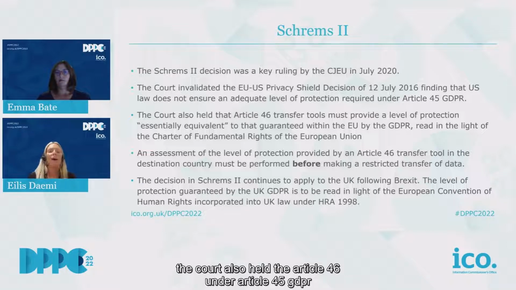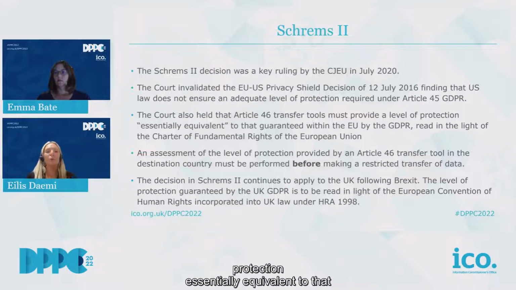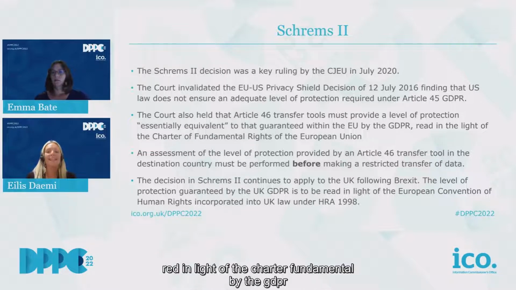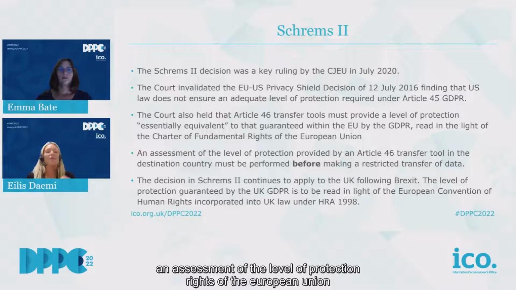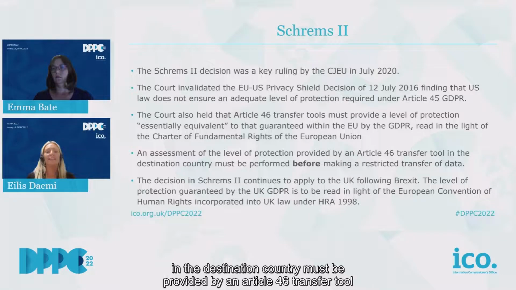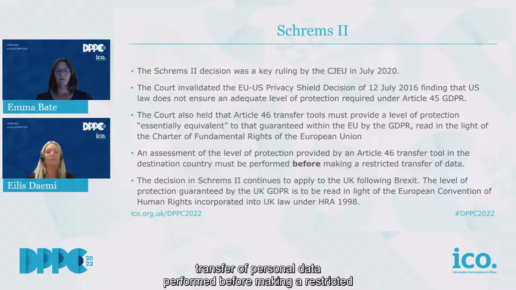The court also held that Article 46 transfer tools must provide a level of protection essentially equivalent to that guaranteed within the EU by the GDPR, read in light of the Charter of Fundamental Rights of the European Union. An assessment of the level of protection provided by an Article 46 transfer tool in the destination country must be performed before making a restricted transfer of personal data.